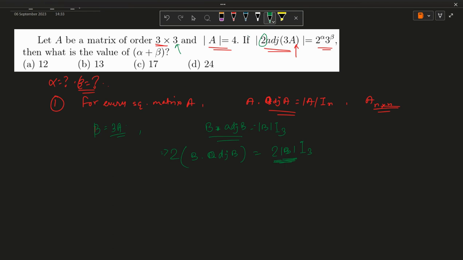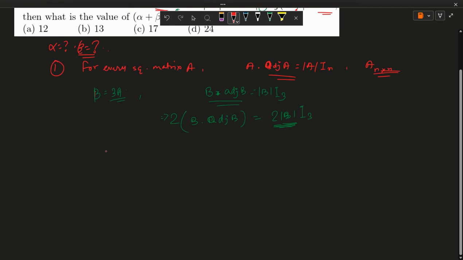Now another formula we use here is, for every matrix, if AB is permissible, then determinant of AB equals determinant of A into determinant of B. So we can actually divide the determinants and we can calculate this here.